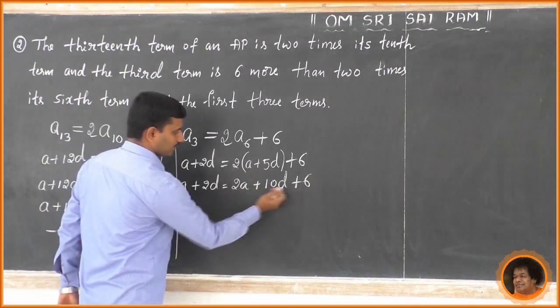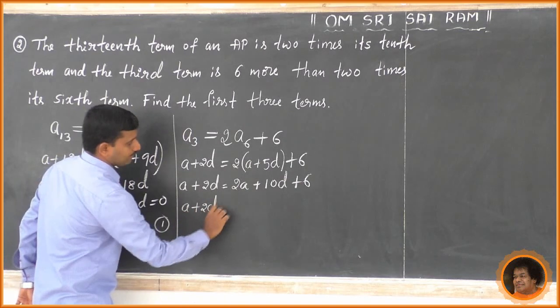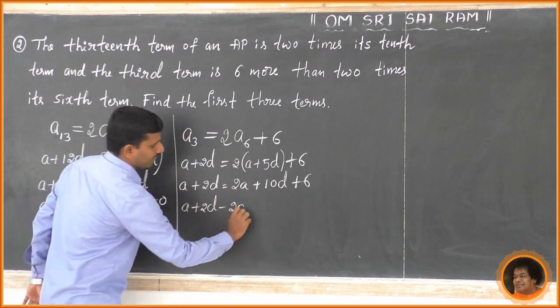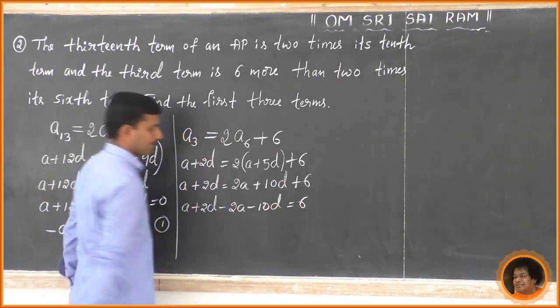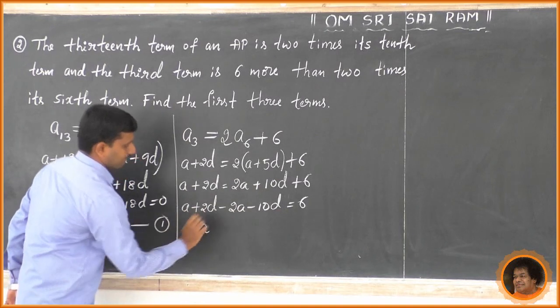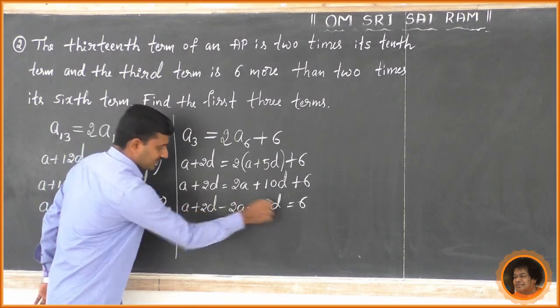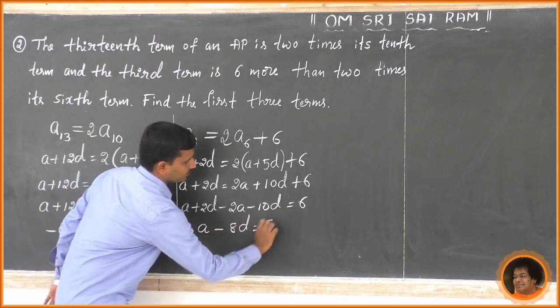Now transpose the variable terms to the left hand side. A plus 2D plus 2A becomes minus 2A, plus 10D becomes minus 10D, equals 6. A minus 2A, minus A, plus 2D minus 10D, that is minus 8D, equals 6.